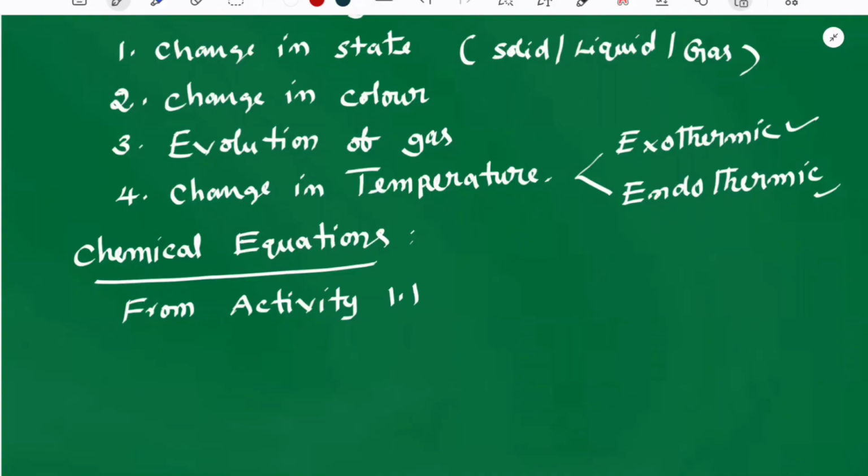Magnesium ribbon is burnt in air. What happens in that? It is converting to magnesium oxide.